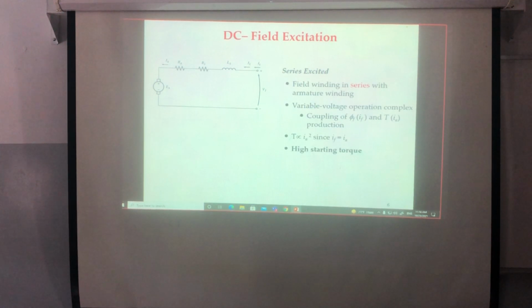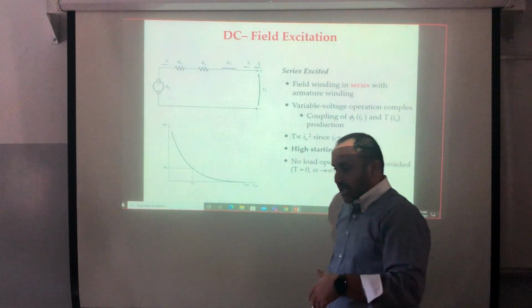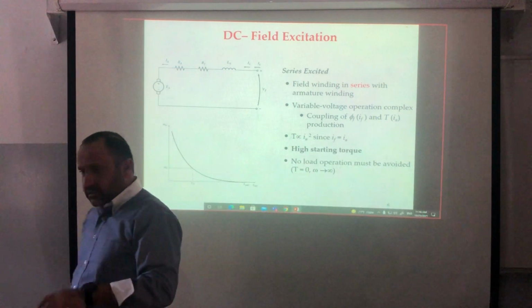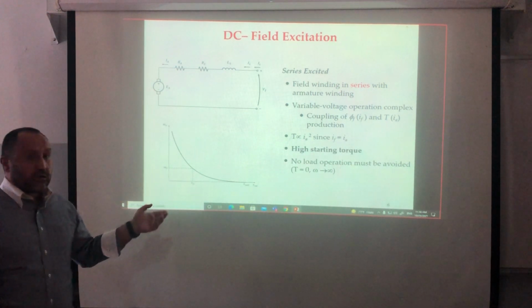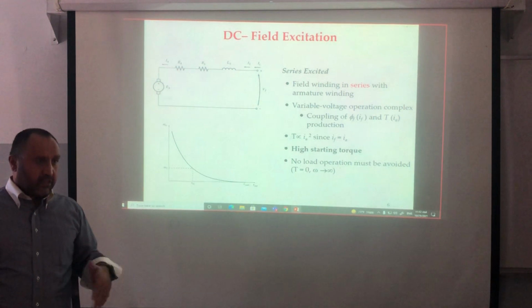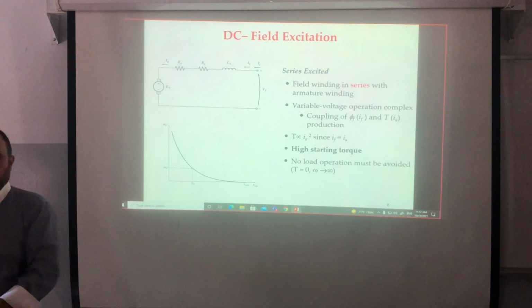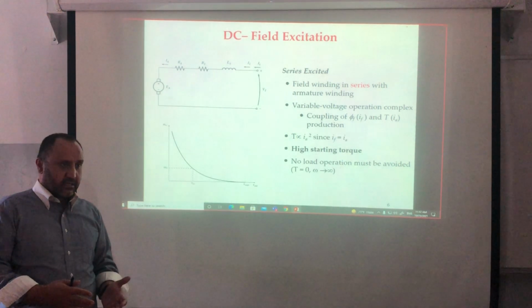Now, this one has high starting torque, and in general, no-load operation is forbidden. Why? Because in theory, if TL is equal to 0, then omega will equal infinity. In theory I can say the friction equals 0, but in practice I cannot say that.